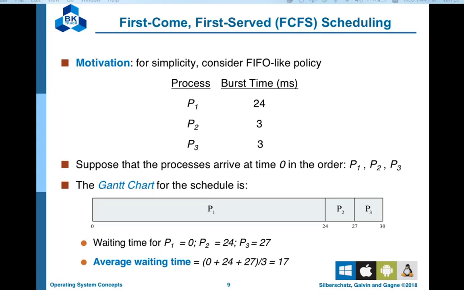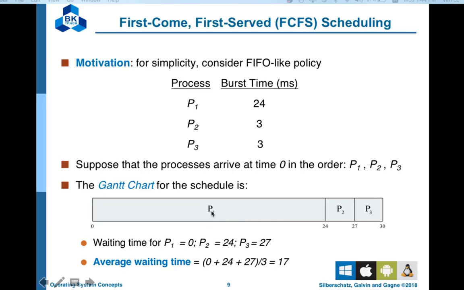Here, for example, we have three processes P1, P2, and P3, and this is the CPU burst time. It means that P1 has a burst time of 24 milliseconds for execution. P2 will need 3 milliseconds for execution. And the Gantt chart for the schedule illustrates the time from the beginning to the end of each process.